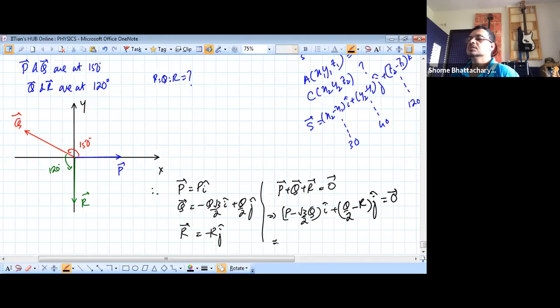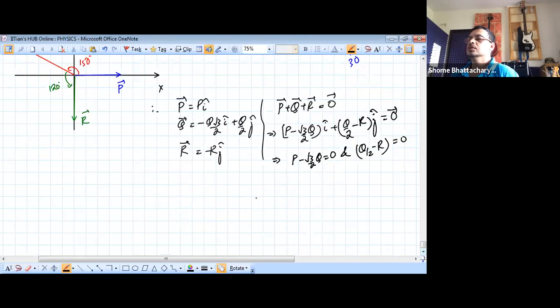So that means P minus root 3 by 2 Q should be 0, and along with that Q by 2 minus R should be 0. Okay. So that means P should be equal to root 3 by 2 Q and Q should be equal to 2R.